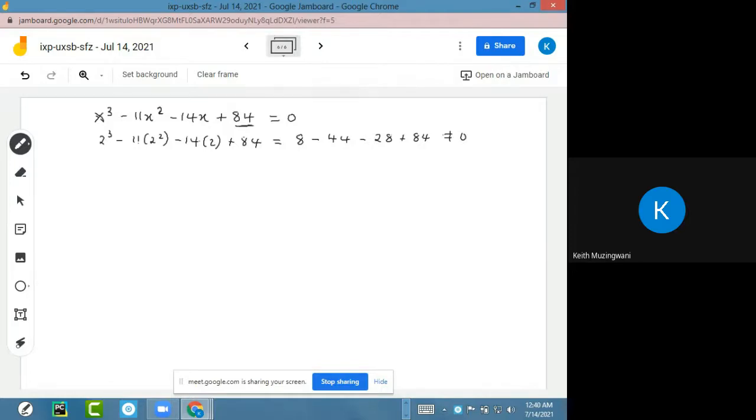If we use 3, we'll have 3 cubed minus 11, 3 squared minus 14, 3 plus 84. This is 27 minus 99 minus 3 times 4, that is 12, 3 times 1, so we get 42.